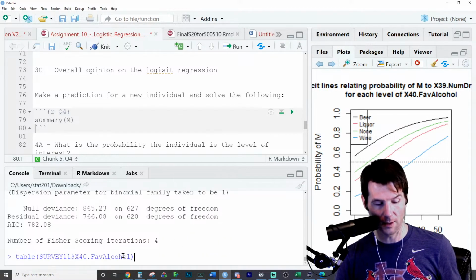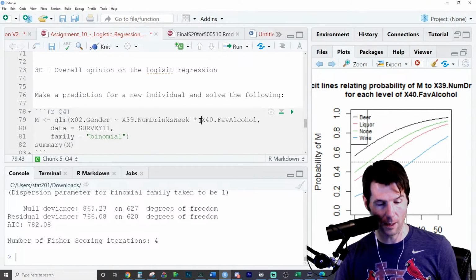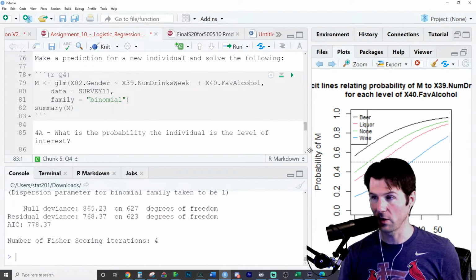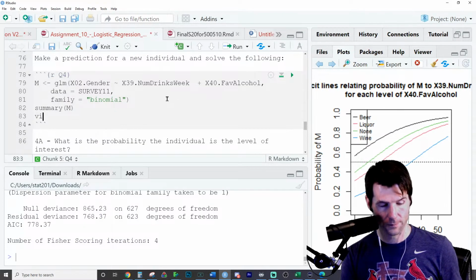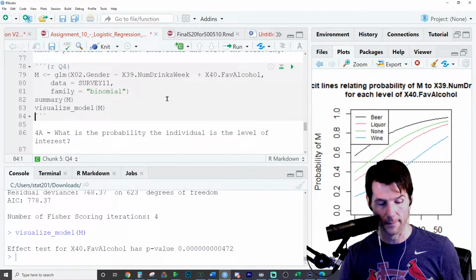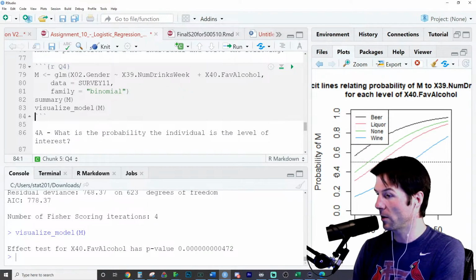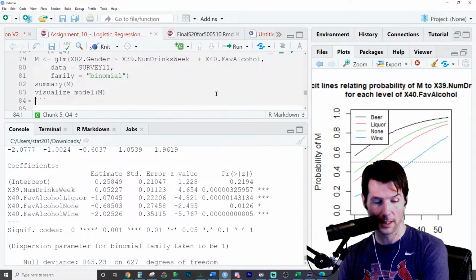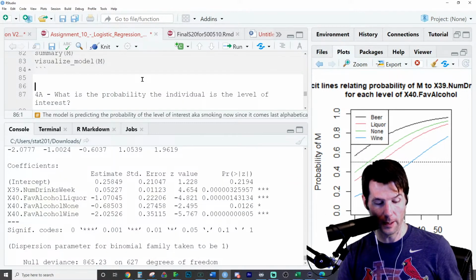Might be easier if I type it out. You can cycle through old commands by doing this. I'm just going to grab this command. I'm going to remove the interaction. And now we have the model you currently see on the screen. A good way to check that is to go right here. So this is the model on the screen, and let's think about it. Now, if you were to write out this model as lines, it would look the following way.